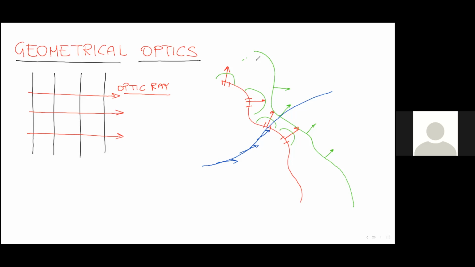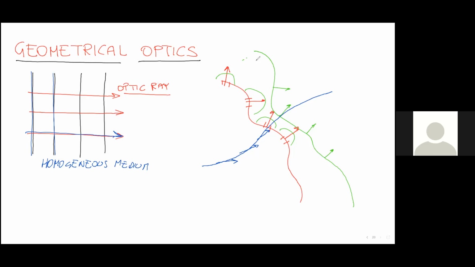What we know is that if I am in a homogeneous medium, I do expect that the wavefronts, if they are flat, keep flat. And I do expect that the rays propagate in a straight direction because there is no distortion of the wavefront.